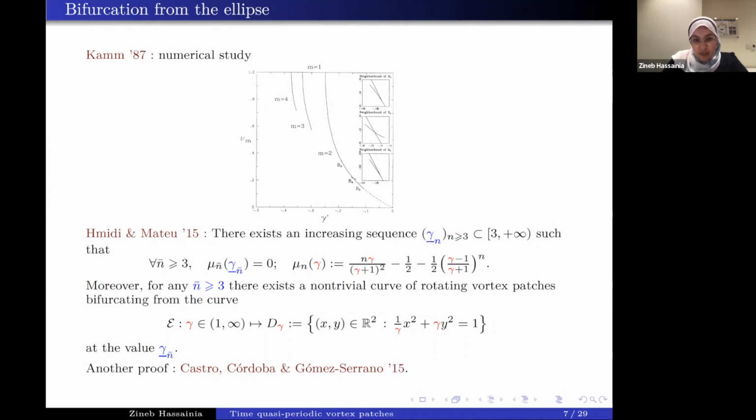But this time, the shapes have less symmetry. They are at most twofold. And another proof was given by Castro, Cordova, and Gomez Serrano, proving also the analyticity of the boundary close to the curve of the ellipse.